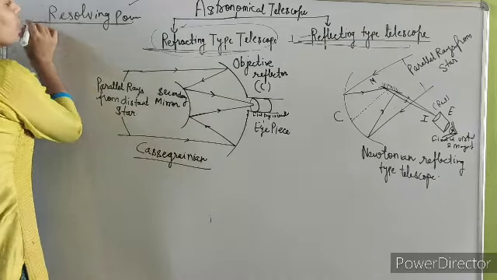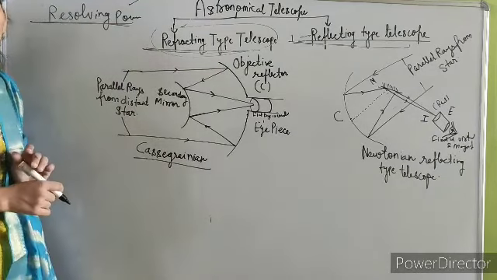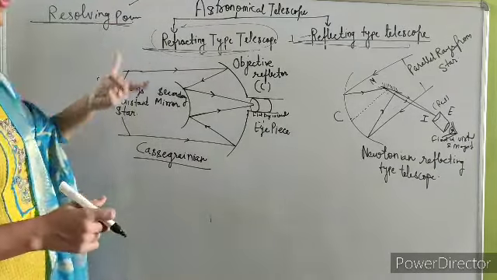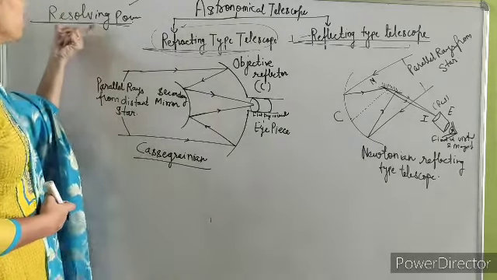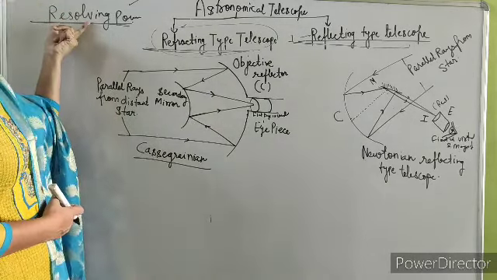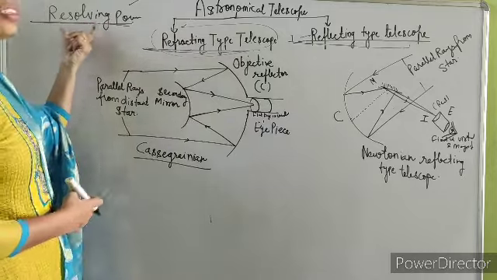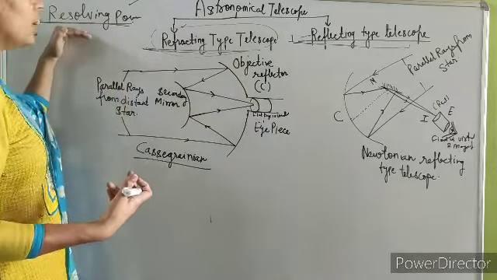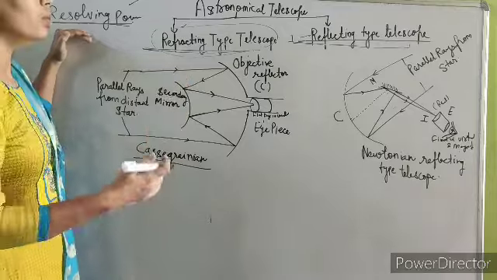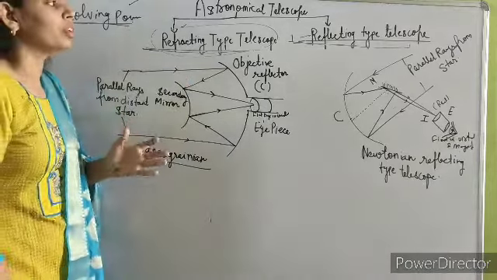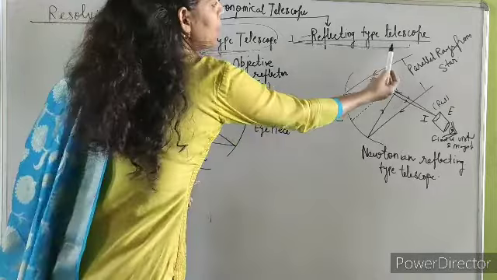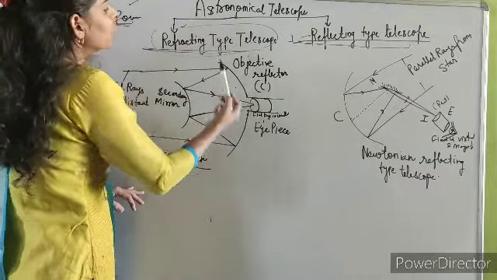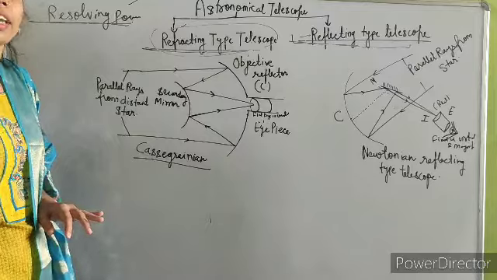I will tell you about the resolving power of a telescope or an optical instrument in the coming chapter. There we will study the resolving power of the telescope as well as the compound microscope, so we will understand this topic in a broad way in the coming chapter.